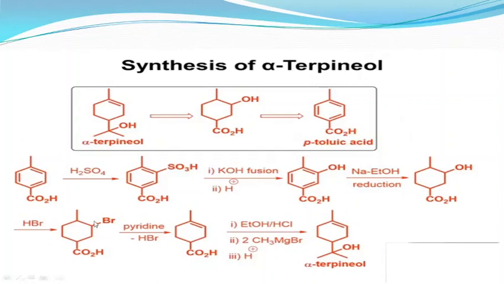So OH is substituted with Br, and then with bromine, elimination of HBr takes place in the presence of pyridine, resulting in the formation of the double bond.